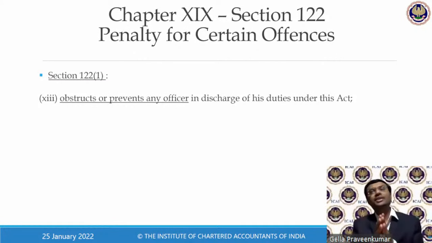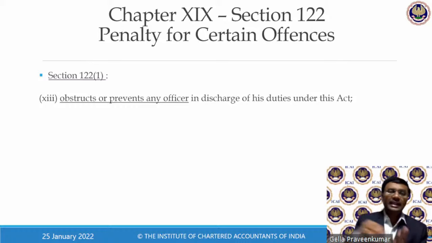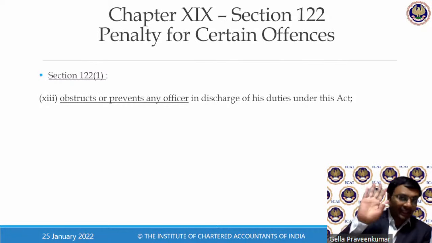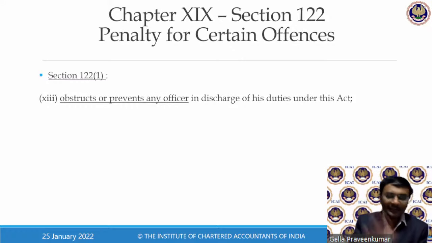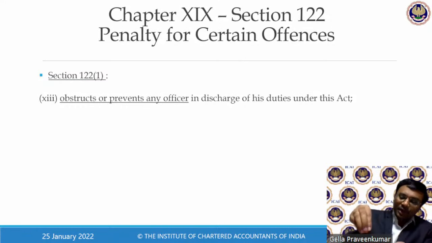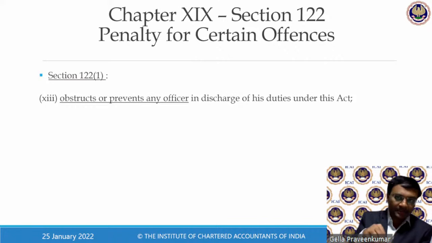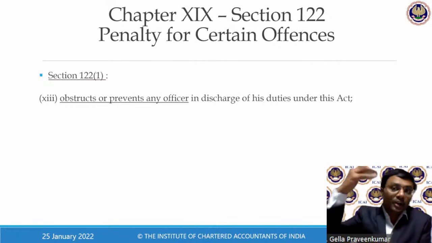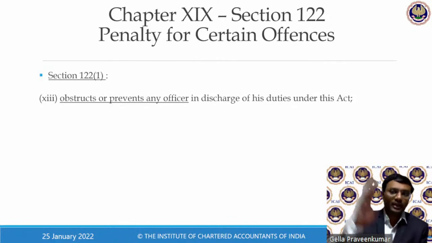I draw your attention to an incident that happened in 2020, somewhere in April or May, in Karnataka, again for academic purposes, students, not otherwise. An officer came for search and inspection under the Legal Metrology Act.